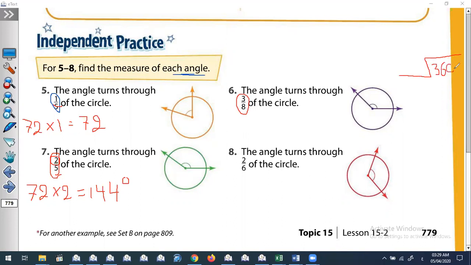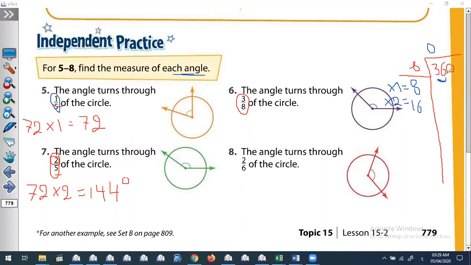360 divided by 8. First, start with 3. Can we divide 3 by 8? No. So put 0. Take another digit, 36. Yes. Let's search. Times 1 equals 8. It's okay. 8 is smaller than 36. Times 2, 16.